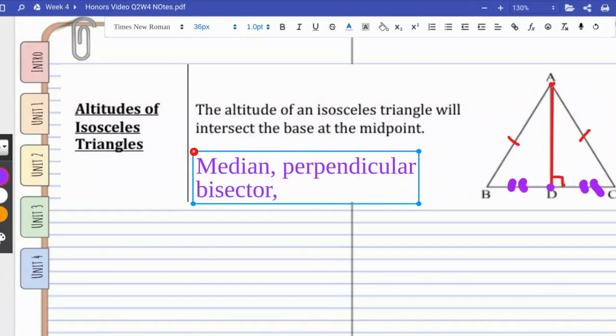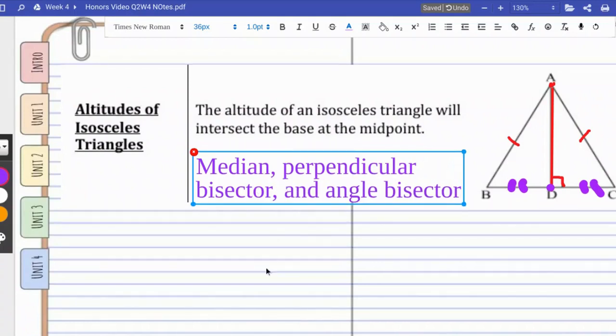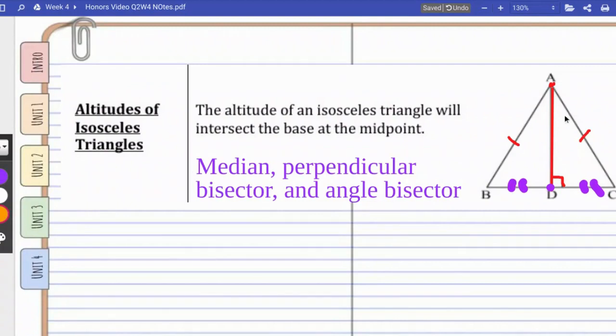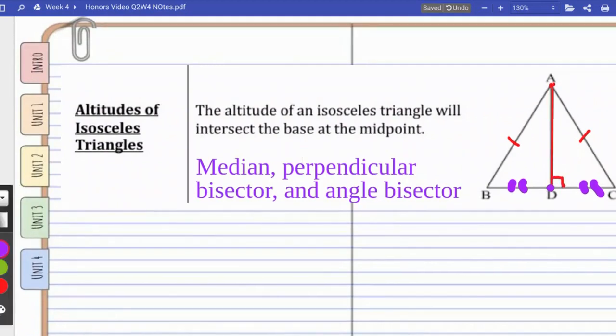And this thing is also an angle bisector. So if you have an isosceles or equal-sided triangle, the altitude could be a median, a perpendicular bisector, or an angle bisector, meaning that these two angles up here are going to be equal to each other.